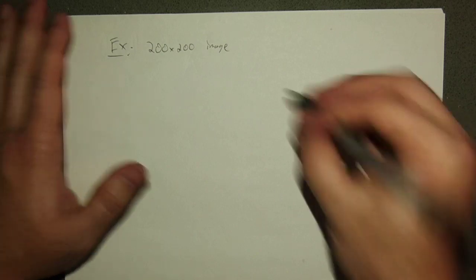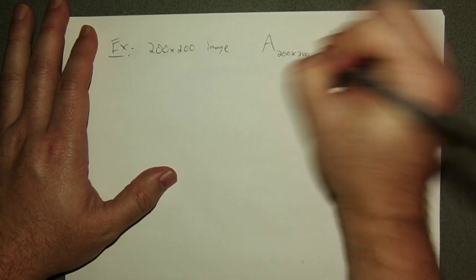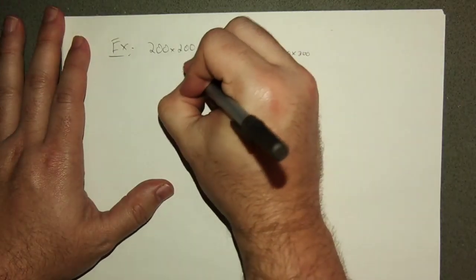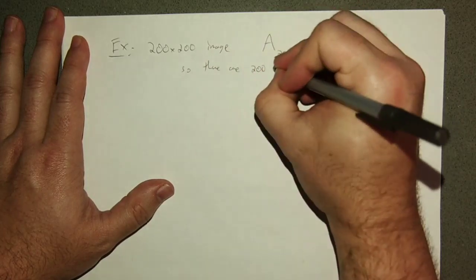So then the matrix in question is a very, very large matrix, right? The matrix in question is a 200 by 200 matrix. So A is 200 by 200. So there are 200 singular values.